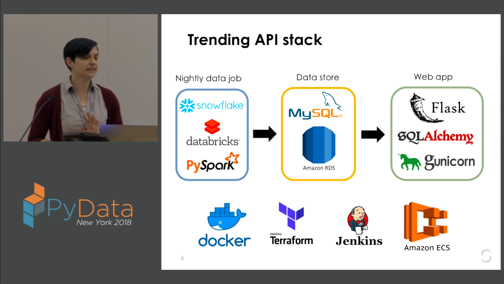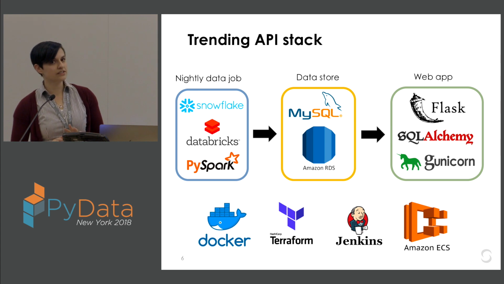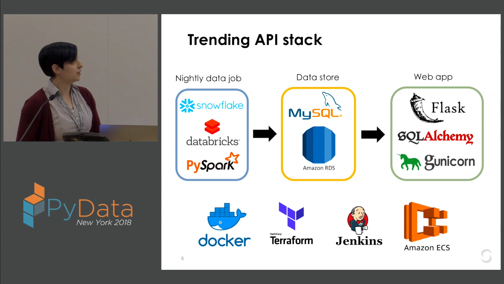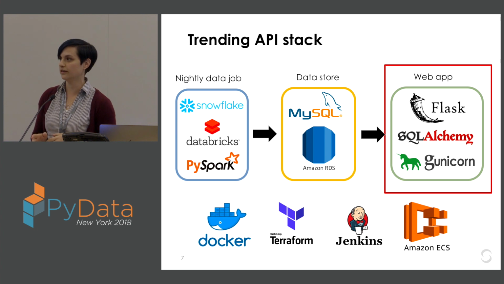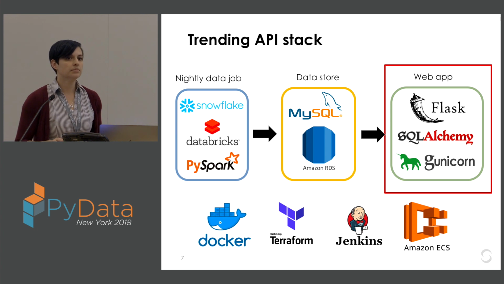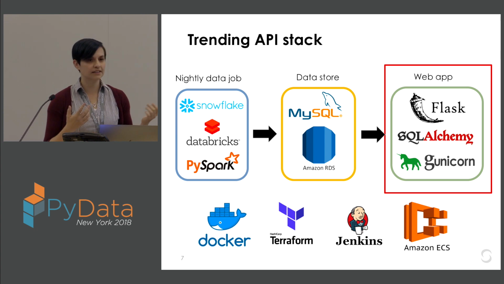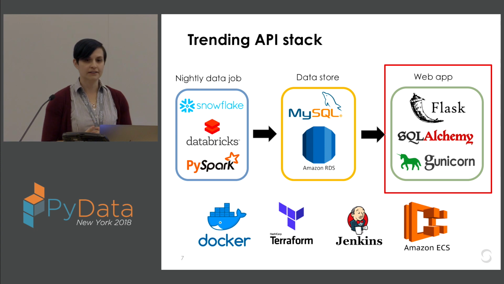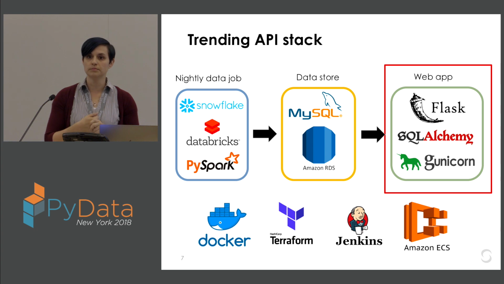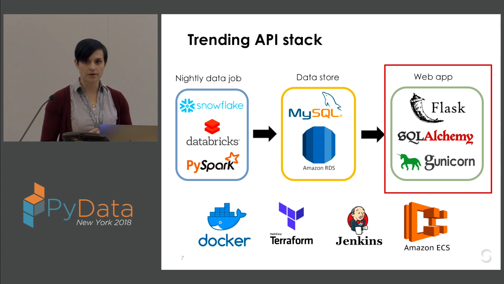So the stack for trending, there are a lot of pieces of technology that go into this, and I'm just going to briefly touch on them, but for the rest of the talk, I'm just going to focus on this portion of this diagram, the web app piece. But in brief, we have a bunch of data in a Snowflake data warehouse. We use PySpark on Databricks to manipulate that data and figure out what's trending.